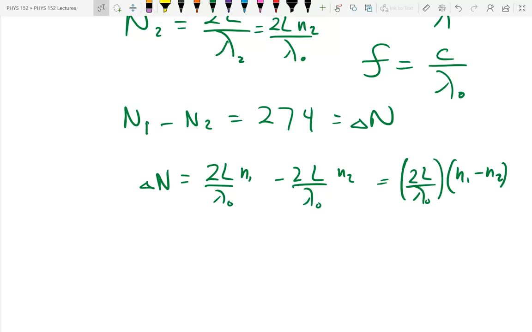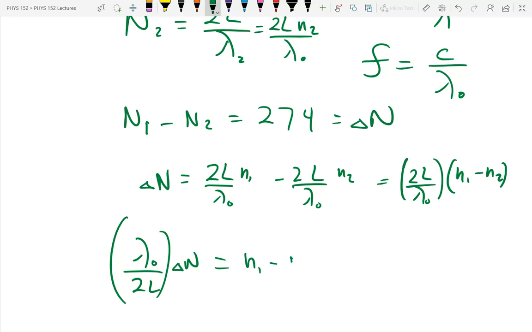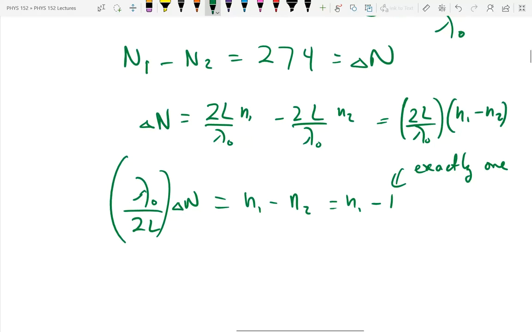And so there's an equation for my delta N and delta little n. Well, now I'm pretty much done. I want to find what n1 is. So let's multiply. Notice I put 1 without anything else. That is exactly 1. So I need to calculate this wavelength over 2L times 274.